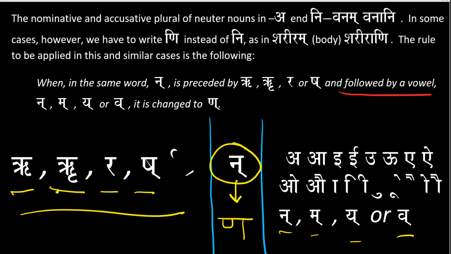ri, ra, or sha, and then it's followed by either a vowel, na, ma, ya, or va, then that na is going to change into the cerebral na.